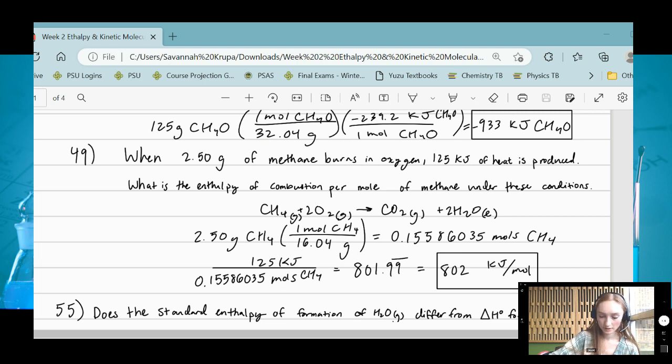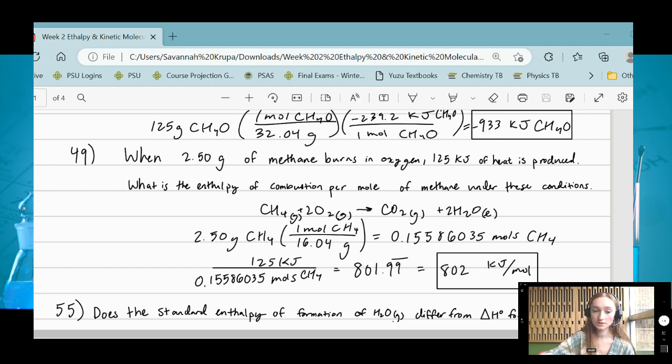And so that is going to produce 0.1558635 moles of CH4.